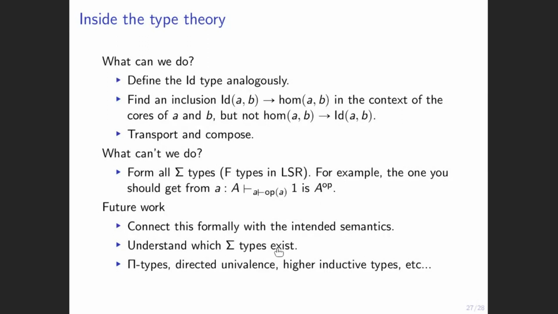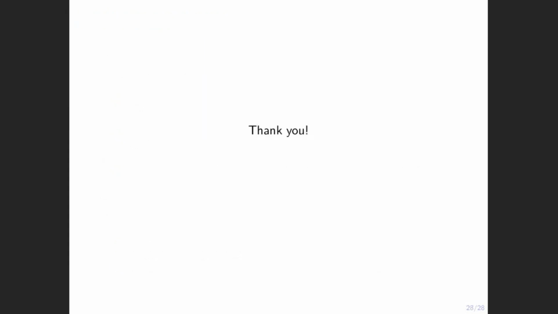I mean, surely some of them should. It's important to be able to do things that we have some sigma types, and maybe more of them will exist for different kinds of intended semantics. And then also, of course, the next steps are to think about pi types, directed univalence and its consequences, and higher inductive types, etc.